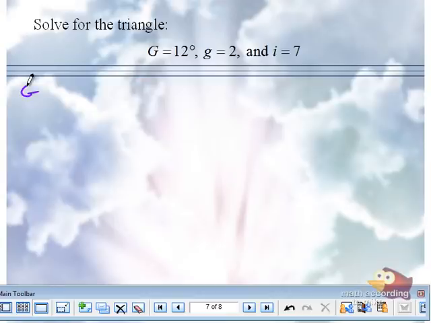Angle I. So let me write this off to the side. Yep, we have to find angle I first. So what's the setup to find angle I?